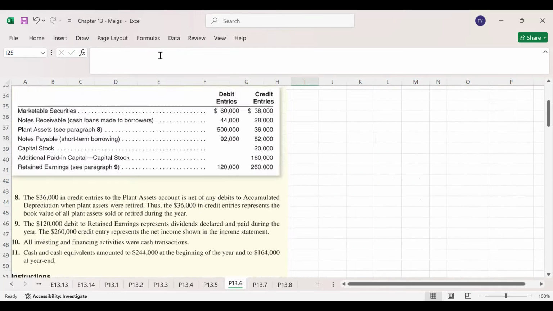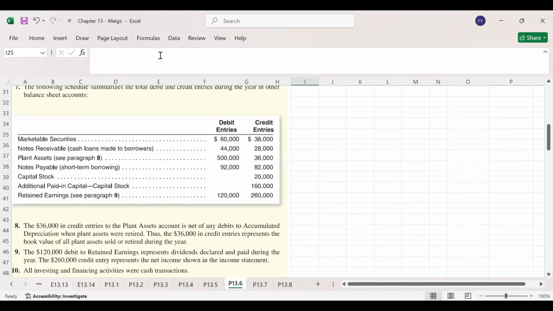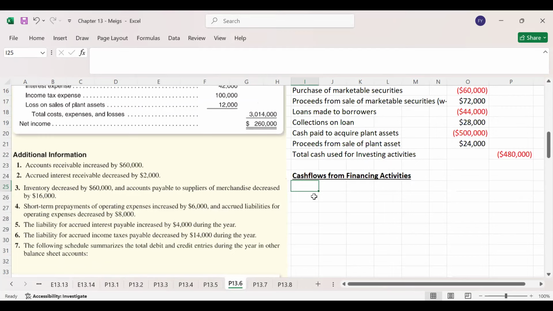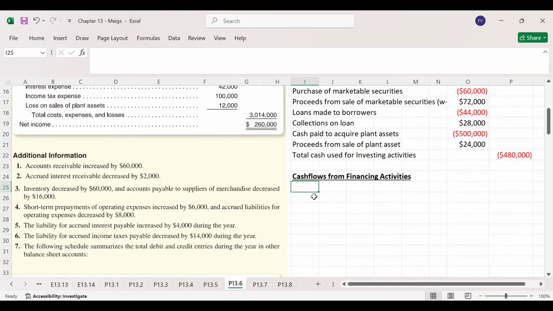You can see that here we have notes payable, which is short term borrowings. So here we have proceeds from short term borrowings.